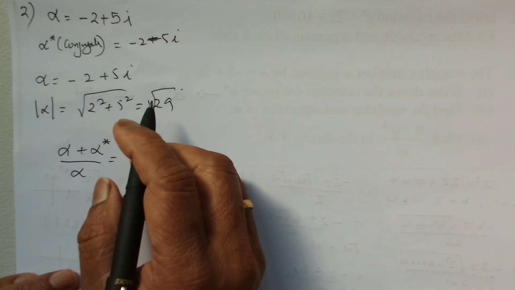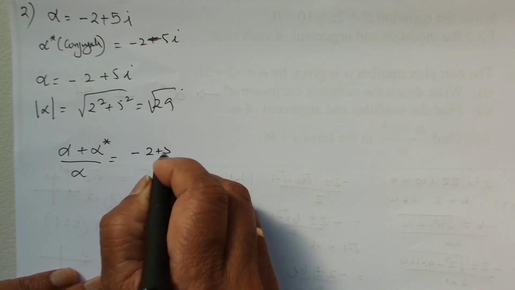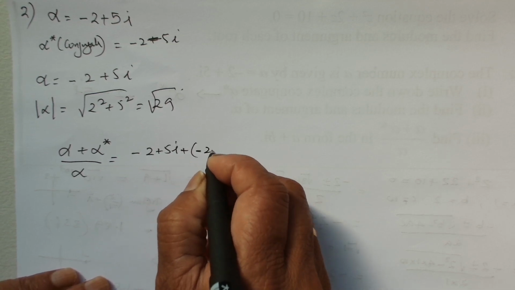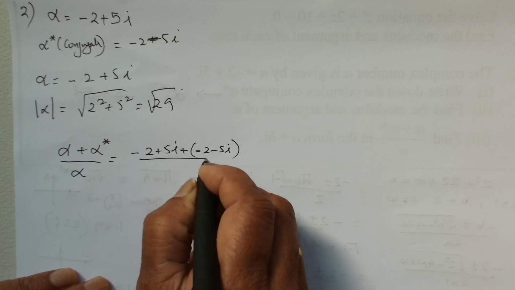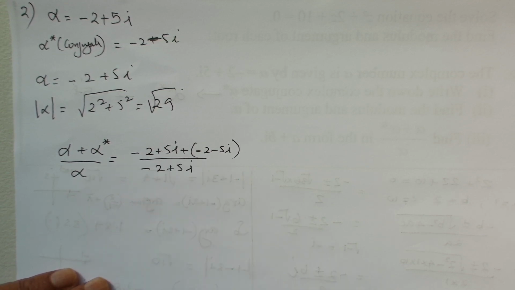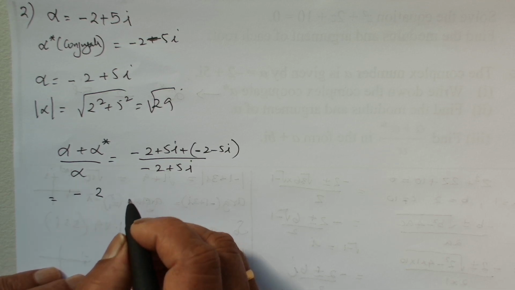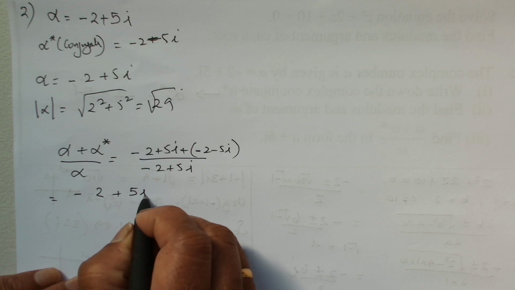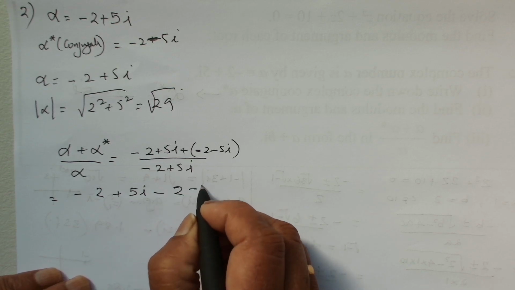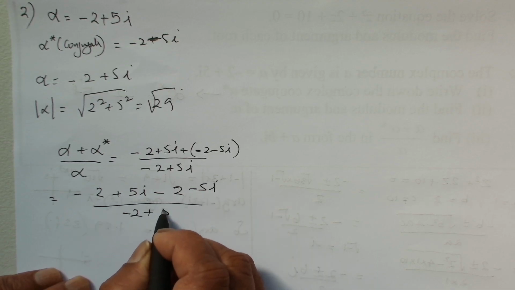So if you put the information in, that should be minus 2 plus 5i plus minus 2 minus 5i, divided by minus 2 plus 5i. So that is equal to minus 2 plus 5i minus 2 minus 5i over minus 2 plus 5i.